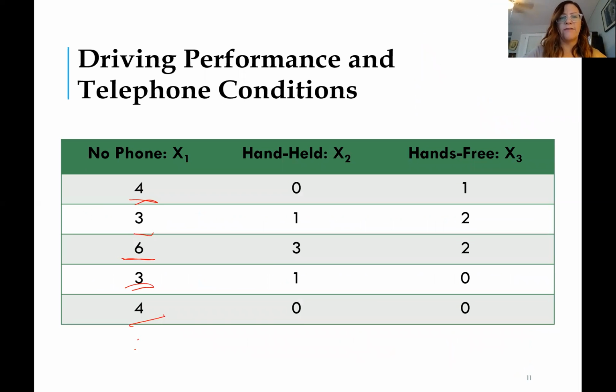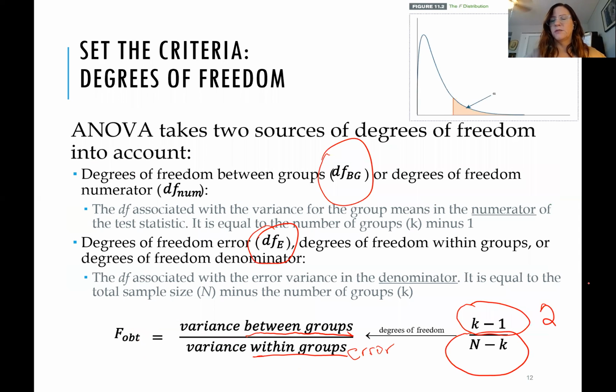We have 5 here, 5 here, and 5 here, so our N equals 15, right? So this would be 15, and remember how many groups? K is 3. So 15 minus 3 is 12, right? So we're going to be using 2 and 12.